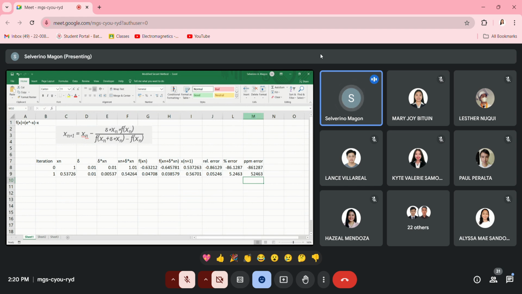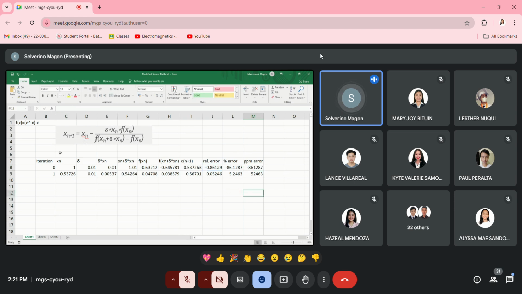I've added a separate column here, and this is the error in ppm or parts per million. So in your assignment, I'm sure you've noticed that we have different error calculations. The percent, the fraction of 1,000 is the per mil value, and when you multiply this by a million, then that's the ppm value or parts per million.